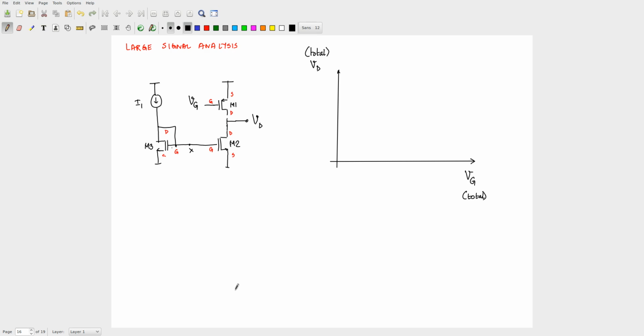Everyone's clear as to what I am trying to do? Okay. Now, in order to do this, we should have some figures, otherwise everyone will get confused. So, let us draw something first. Okay. Now, there is this I1 flowing, right, and through this M2 was your NMOS transistor. So, let us assume that M2 is biased.